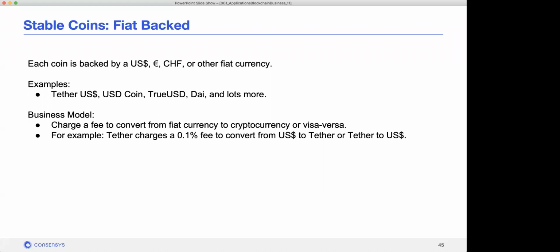How these stablecoins seem to make money is in transaction fees. Tether charges a 0.1% transaction fee, and as you'll see in a few more slides, they do a trading volume of 34 billion per day. That would mean that they're still making $34 million a day from crypto exchange. So yeah.